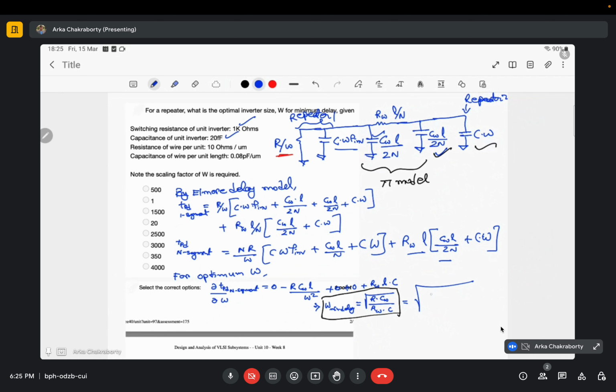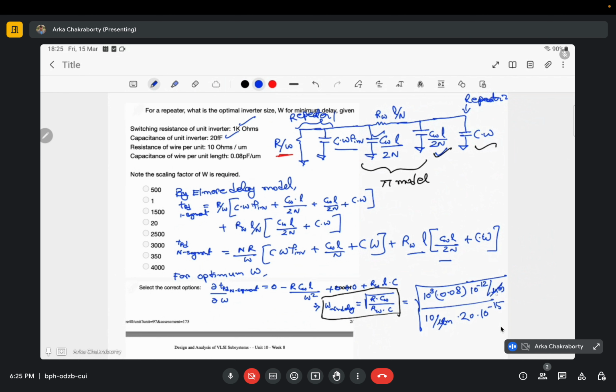So r is 1 kilo, means 10 to the power 3. cw is 0.08, pico means 10 to the power minus 12 per micrometer. And rw is 10 ohm per micrometer. c is 20 femto, femto is 10 to the power minus 15.